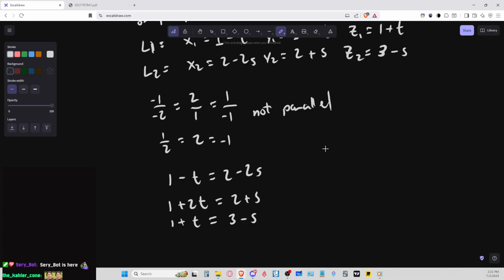So for t we'll let t equal 3 minus s minus 1, which leaves t to be 2 minus s. Okay, so I guess we'll do that to the one that we altered. So t is s minus 2.